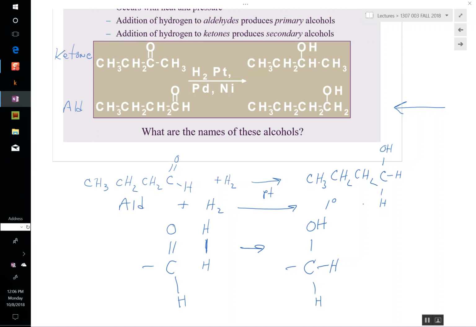So wherever the oxygen is doesn't move. Keep that in mind. You're just adding one hydrogen to each of two atoms. One happens to be an oxygen, one's a carbon. This is very analogous to hydrogenating an alkene, but that doesn't produce an alcohol, that produces an alkane. This produces an alcohol, yes.